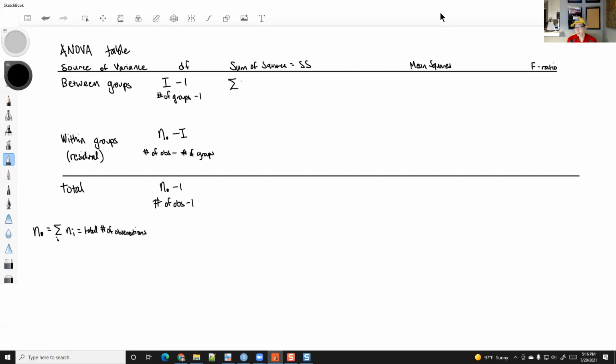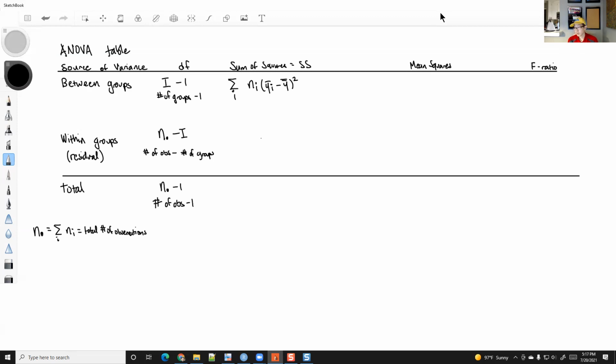The formula for the sum of squares between is we're going to do n sub I times each group's mean, y bar I minus the grand mean. We're going to square that, and we're going to add this up across all groups.